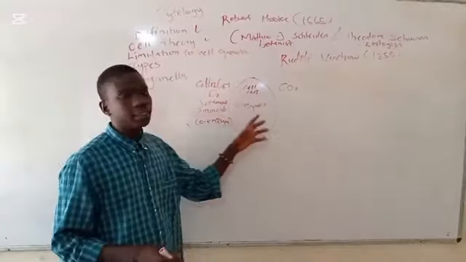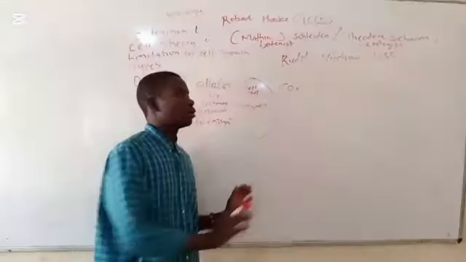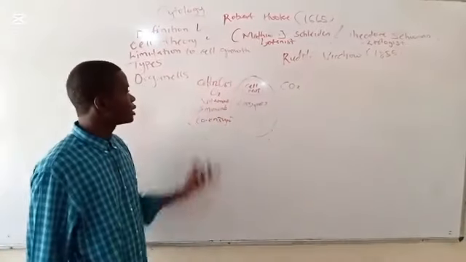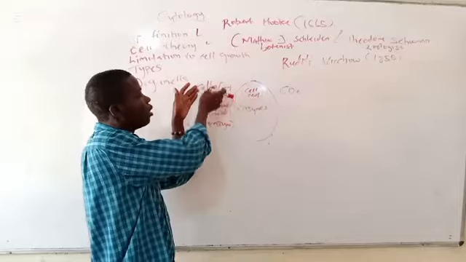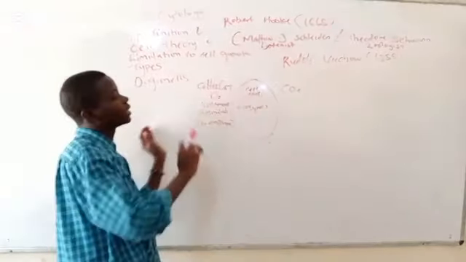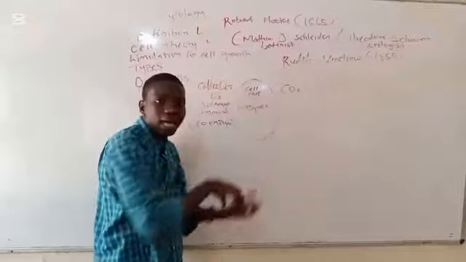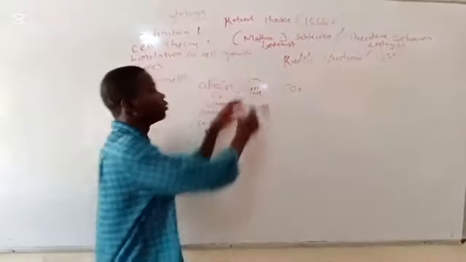And another thing is that water also has to get into the cell and also get out of the cell. So using this pattern, it means that if glucose or oxygen is not able to get into the cell fast enough, then the cell will die, because the energy needed to power the cell, which is ATP, will not be made.